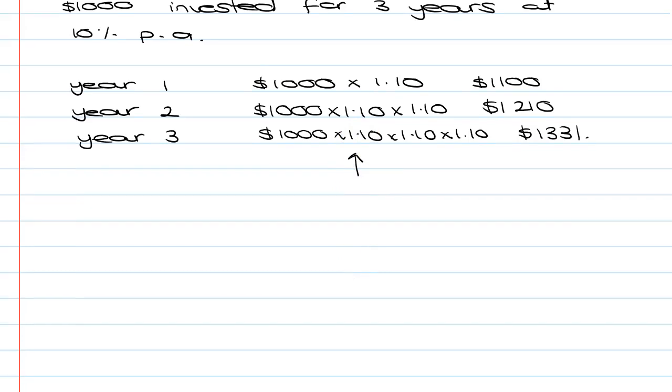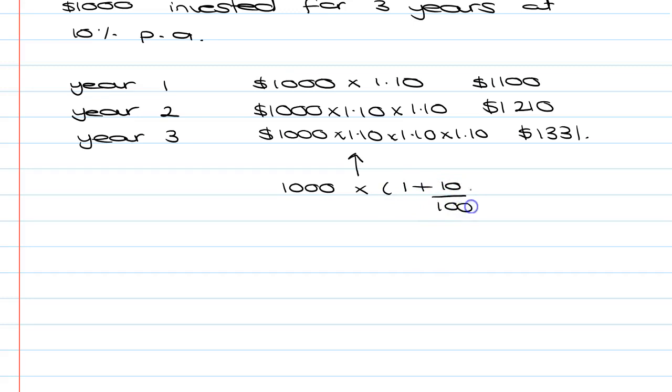Now, if we have a look at the relationship in how we're building this, because we're looking at how we might build a compound interest formula or exponential growth formula, we start with a principal amount, which was 1,000, and then each year we're multiplying it by the percentage increase, which was found by 10% plus that 1. So it's 100% plus 10%, isn't it, which is 1 plus 10 over 100.